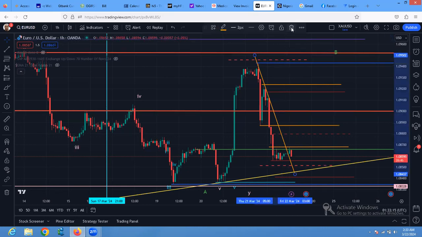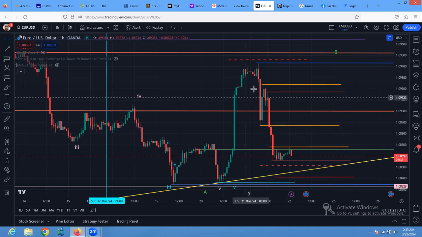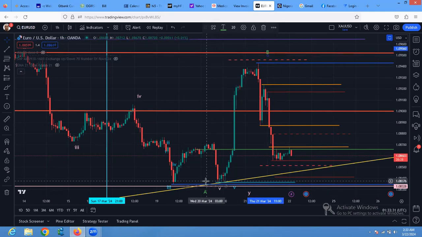That wave is done correcting. So we have had the A, the B part of it, and this is the C part of this wave, which may now mean that this is a B. This may just mean a B, an A, a B, and a C to break the low. But for now, we want to see one more leg.